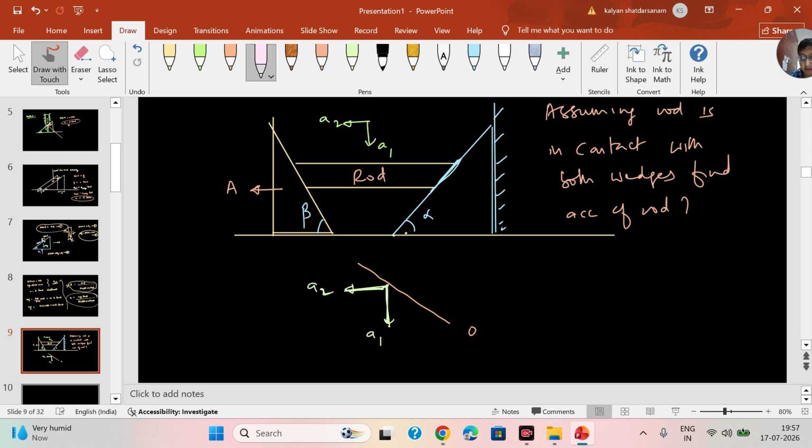Now let's see what are all the angles. See, the angle between A1 and this orange line should be alpha. How do I know that it is alpha? Look, the angle between this incline and horizontal is alpha. What is perpendicular to the incline? This red line. What is perpendicular to horizontal? This vertical.